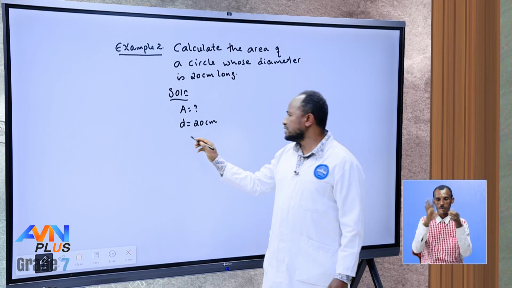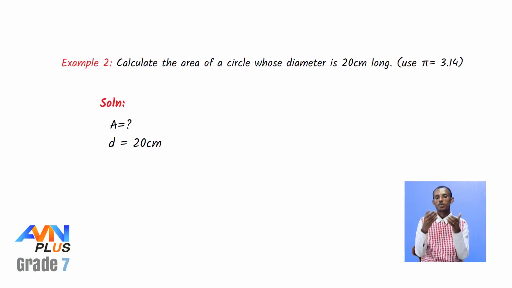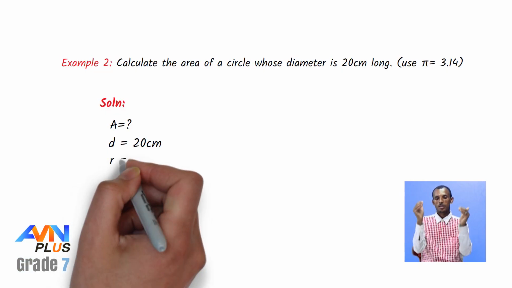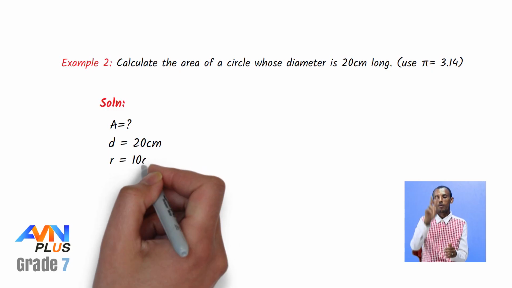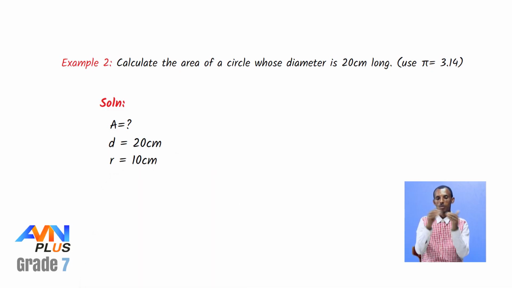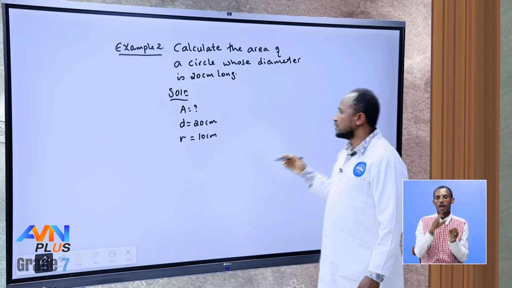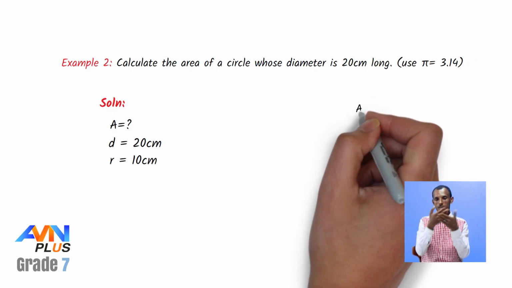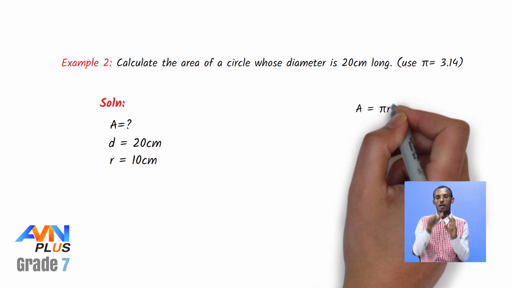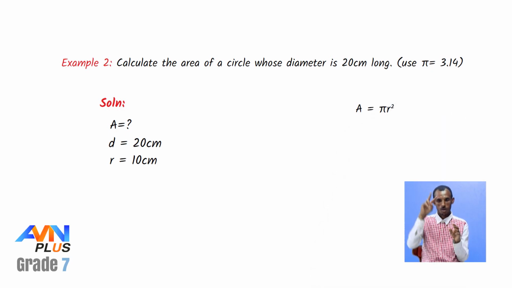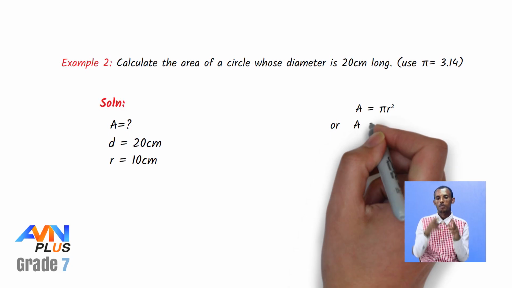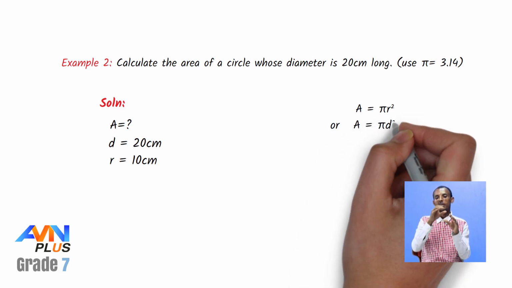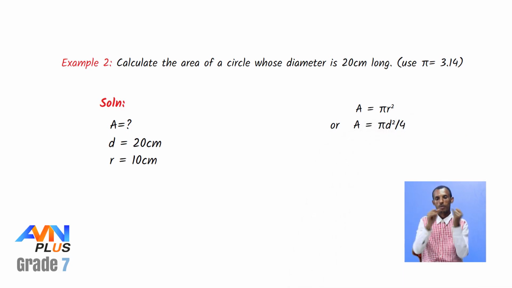By the way, the radius is half of the diameter, so the radius is 10 centimeter. To calculate the area, you can use either area pi r squared, or pi diameter squared over 4. You can use either of the two, but I prefer area pi r squared.